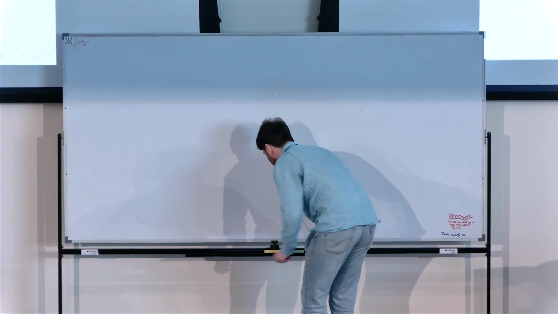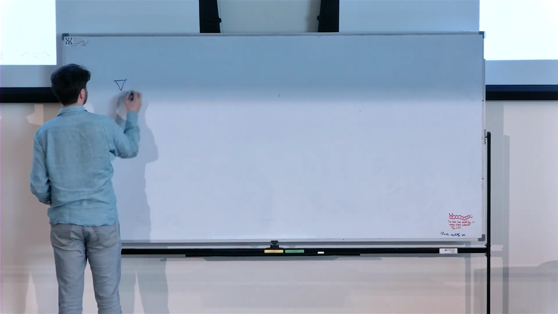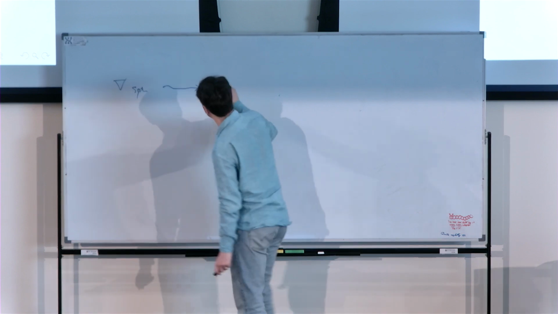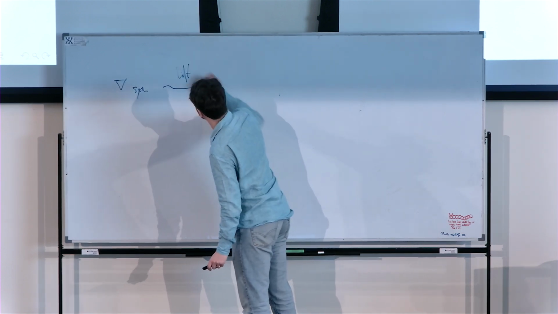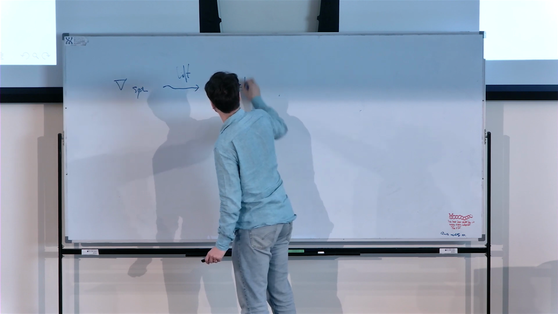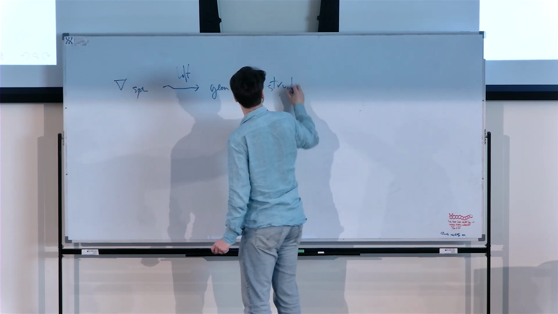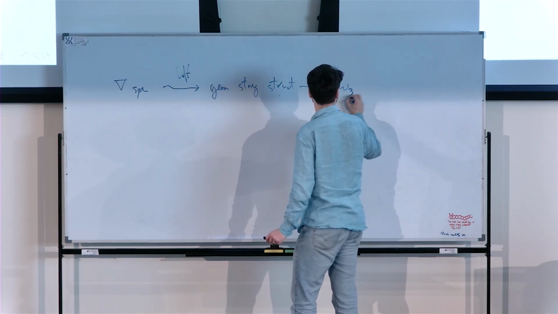So what changes? If I fix one spin connection, then I can lift to a geometric string structure. And now I have my omega 3.